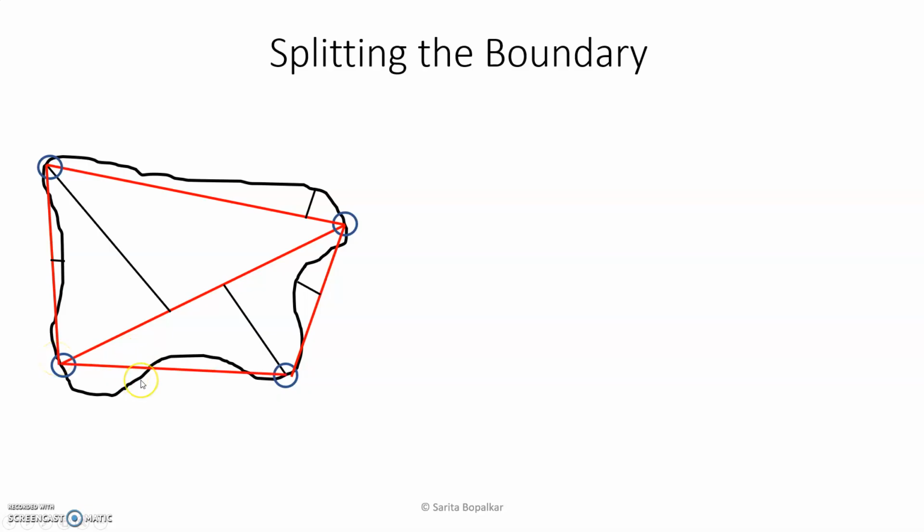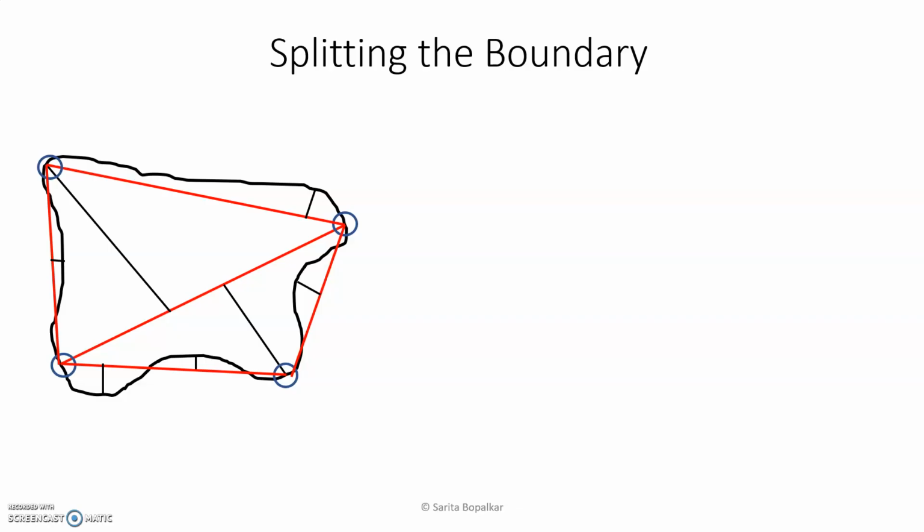For this segment, calculate the perpendicular distance. If it is less than the threshold, leave it. Otherwise, if it is not less than the threshold, divide this segment with a new point. Like this, we will find the maximum perpendicular distance for a particular segment from the line segment, and we'll compare with the threshold.